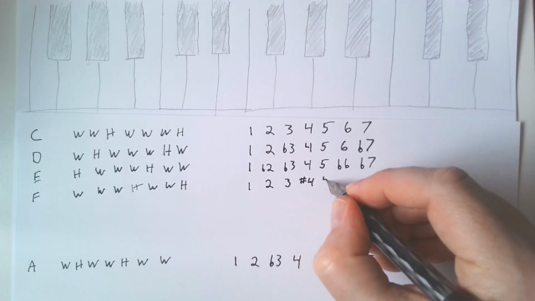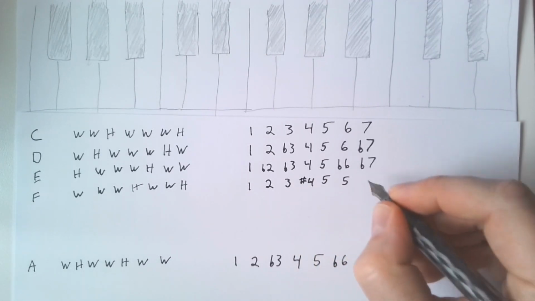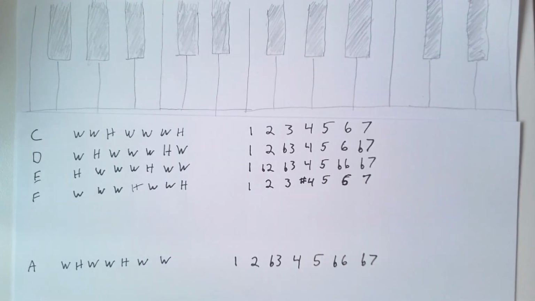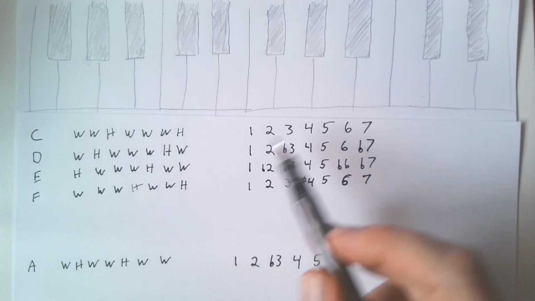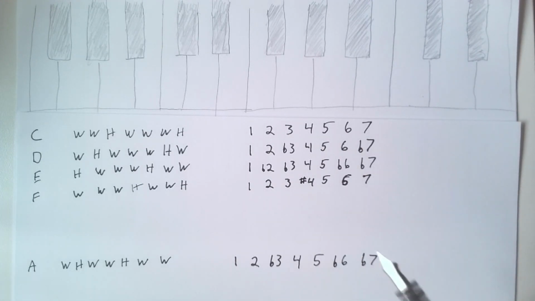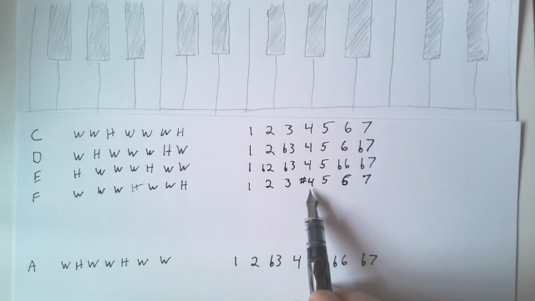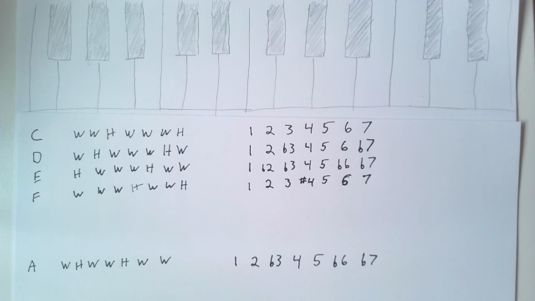Then whole, whole, 6, and 7. Okay? 1, 2, 3, sharp 4, 5, 6, and 7. All right? Well, that's interesting. The only accidental we've had in any of these scales is a flat sign. And this is the first time we've seen a sharp sign. But it is unavoidable because that 4th degree is sharper than it is for a perfect 4th.